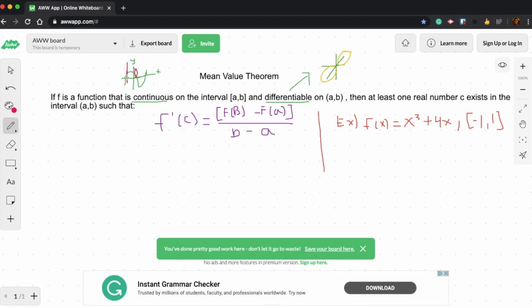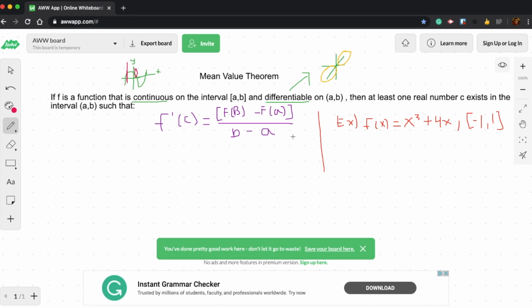As long as there are no asymptotes or holes and the function is just continuing along in its line or direction, and there's no interruption, then the function is continuous. Only if both of these conditions are met, you can use the mean value theorem, which is f prime of c equals f of b minus f of a over b minus a.